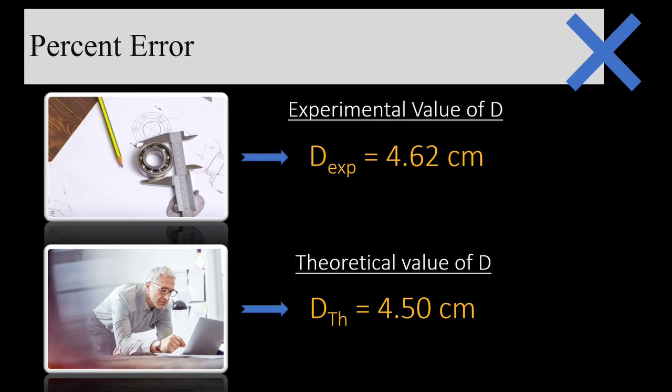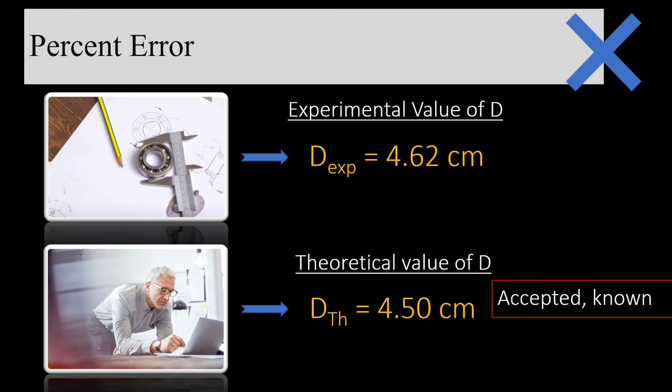So we call this, in that case, the theoretical value of D. Some textbooks or some people like to call it accepted value or known value. All of these are the same, so don't panic if you hear other expressions for this value.